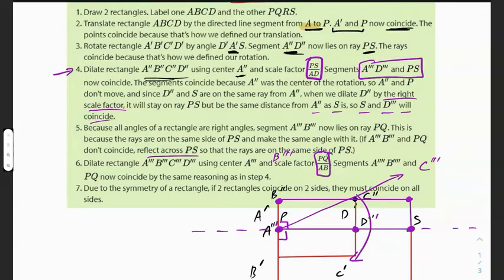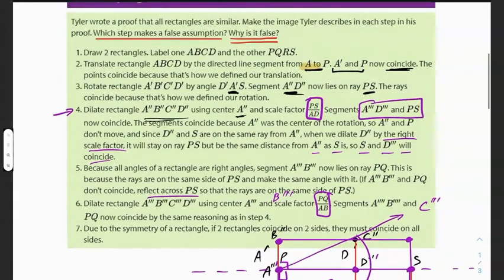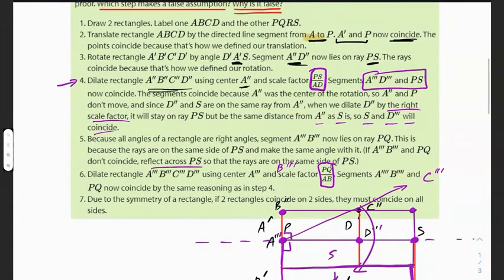Then I reflect in step 4. No, 5. This is step 5. And then he says, dilate so you can get this side to move down. Okay. So the problem with this kid is he's getting very specific. In fact, you can just tell right away he's really going in depth here.